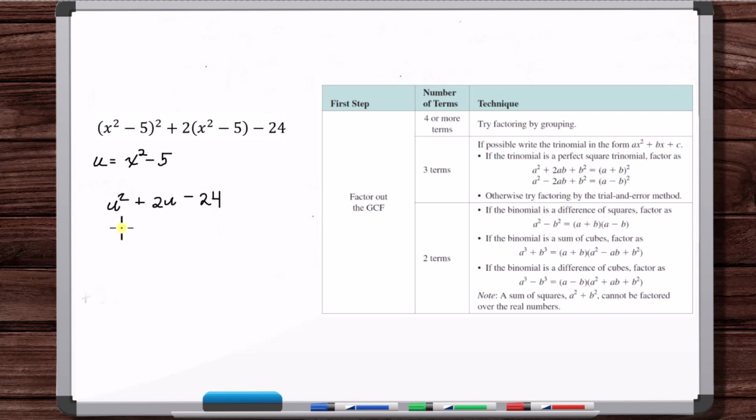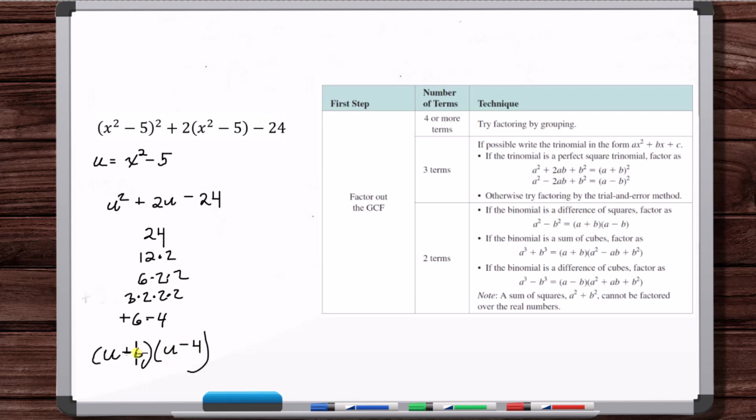We use the trial and error method. So we've got 24, 12 times 2, 6 times 2 times 2, 3 times 2 times 2 times 2. Okay, 6 and 4. Yeah, so we have 6 and 4 is 24. We can say plus 6 minus 4. Okay, yeah, so we've got u plus 6, u minus 4.